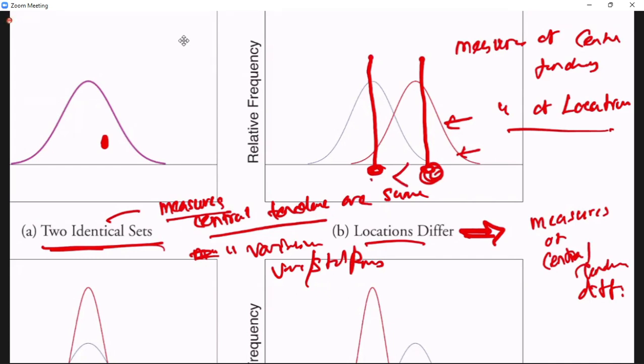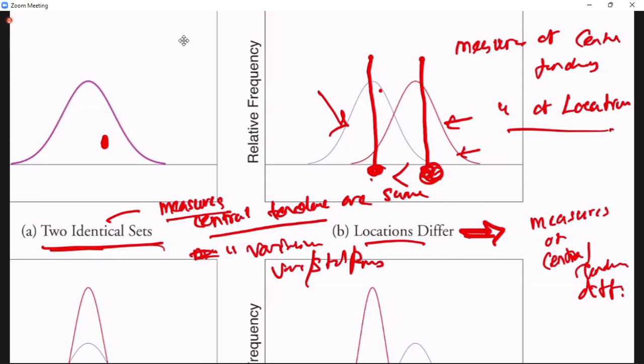If a curve is bell-shaped, it is symmetric about its mean, median, and mode. Therefore, this curve is symmetric about its mean, median, mode. This curve is also symmetric about its mean, median, mode. Their shape is the same, but their location is different.